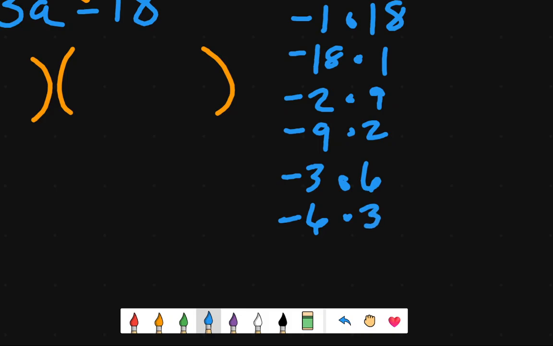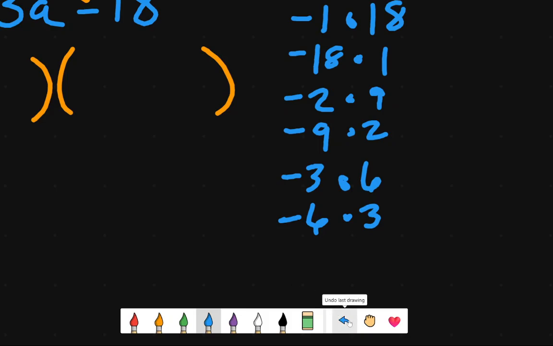Okay, think about it. 4, no, because 18 is not a multiple of 4. 5, no. 6, we have 6 already, so we don't need to do it again. 7, nope. 8, no, these are not factors that will give us 18, or negative 18 in this case. All right, so I know we have all the factors that we need.